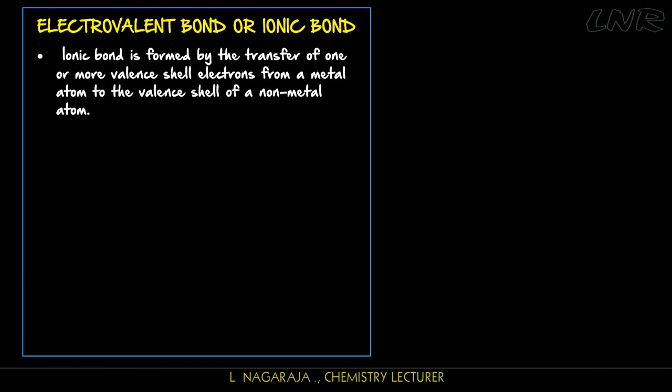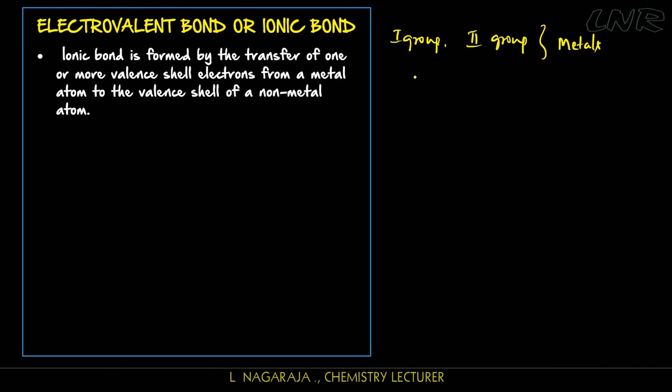For example, let us take a metal atom. Generally first group elements and second group elements are metals, right? All the first group and second group elements are generally metallic in nature, and most of the p block elements are generally non-metals.